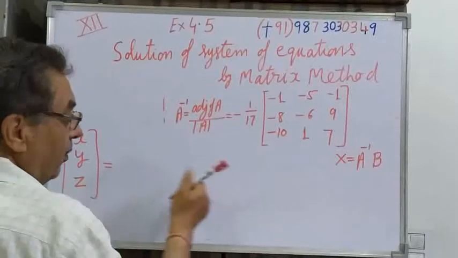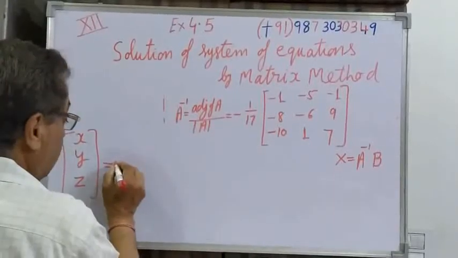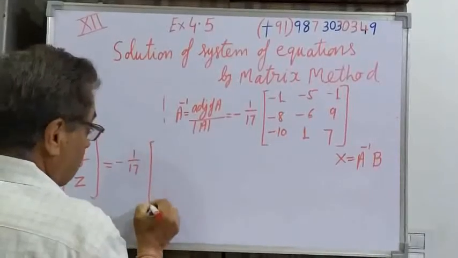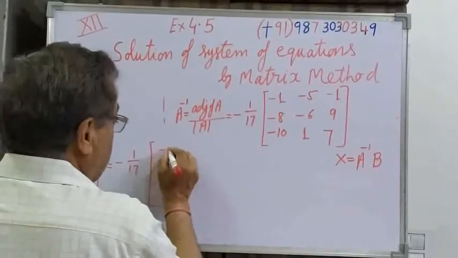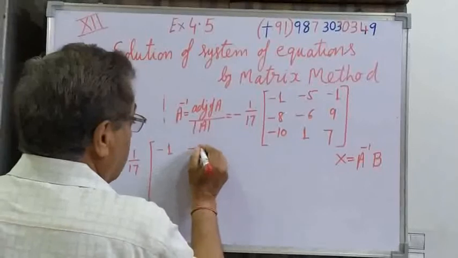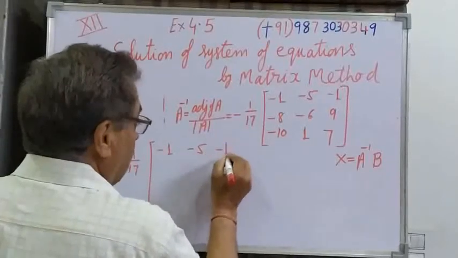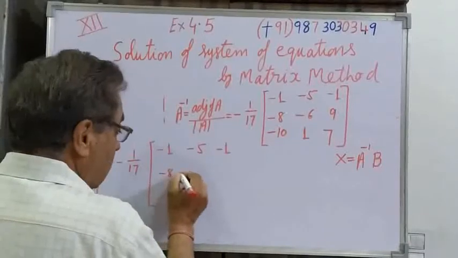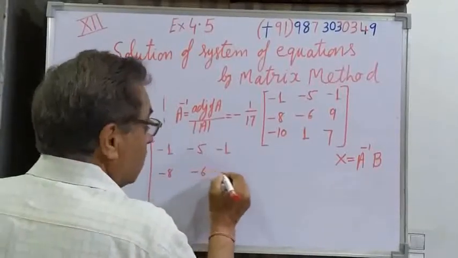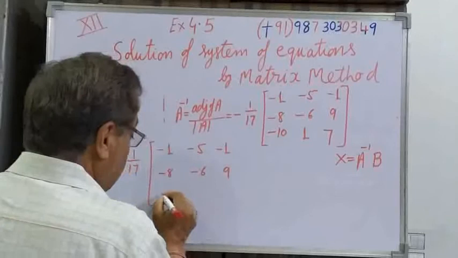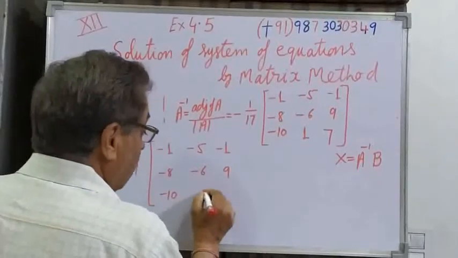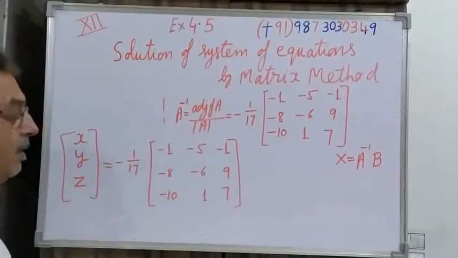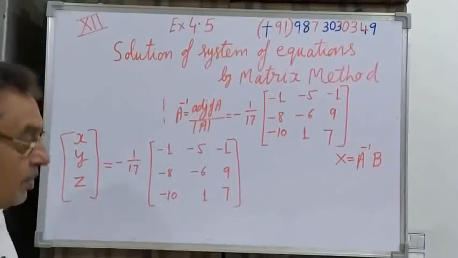That is equal to A inverse. A inverse means minus 1 by 17 into matrix minus 1, minus 5, minus 1 and minus 8, minus 6, 9, minus 10, 1, 7. This is the complete A inverse.